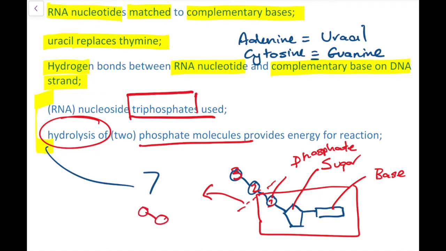Through them combining with water, we make more bonds, and that provides energy. So the energy for the reaction, for it to keep happening, is provided by hydrolysis of the 2 phosphate molecules from nucleoside triphosphates. Now, if that's too much, you don't really need it because that's a very high level statement.